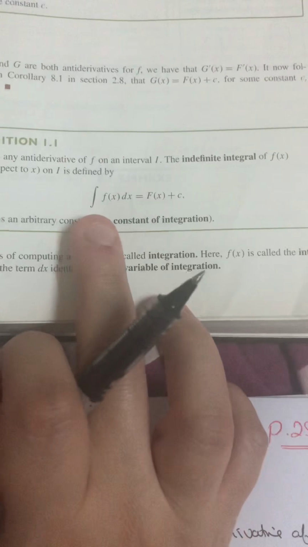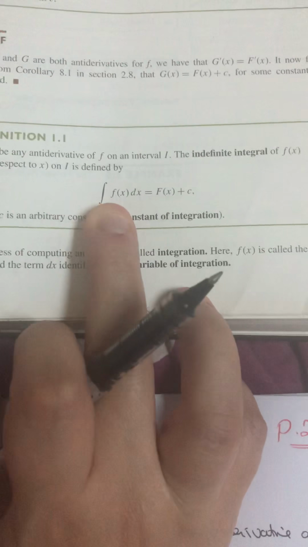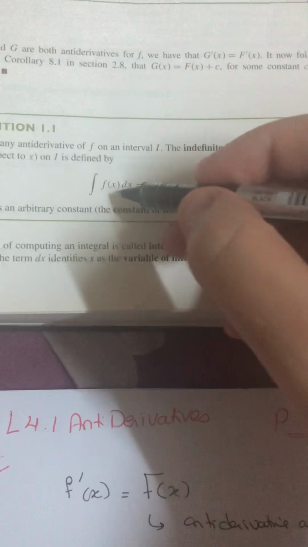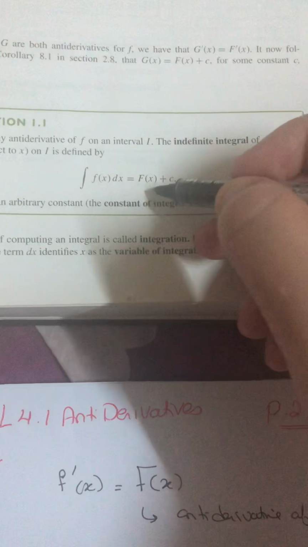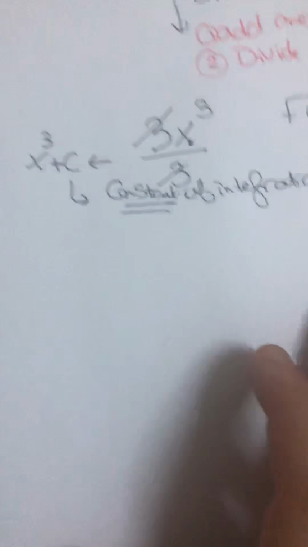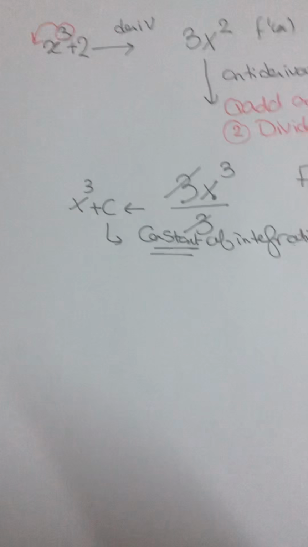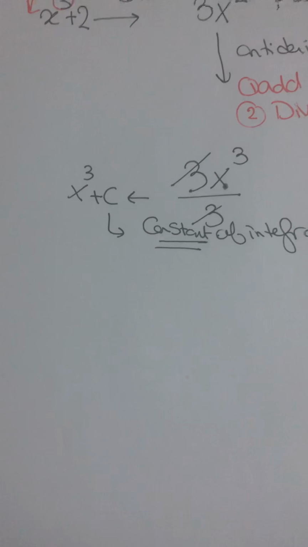An indefinite integral of f of x with respect to x on this interval is defined as, this is small f, this symbol is used for integrals, and this is capital F, this is the original one, plus c.